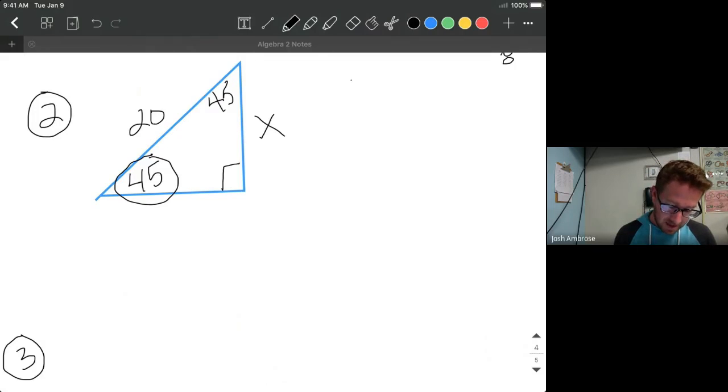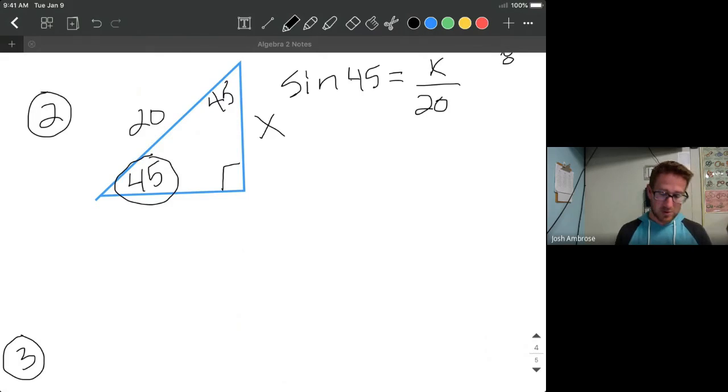That 45 that was given, if we look opposite to it, I see x. And the hypotenuse, I see 20. So what uses opposite and hypotenuse is sine. So we're going to say the sine of 45 will equal the opposite, which is x, divided by the hypotenuse, which is 20.